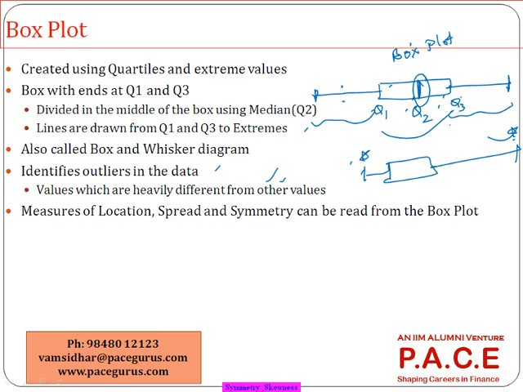So this is a very important tool to understand all three things in the data: the central tendency through the median, the dispersion through the interquartile range, and the skewness through the ends. The ends are also called whiskers. That's why this graph is called a box and whisker diagram, or the typical name is box plot. Right?